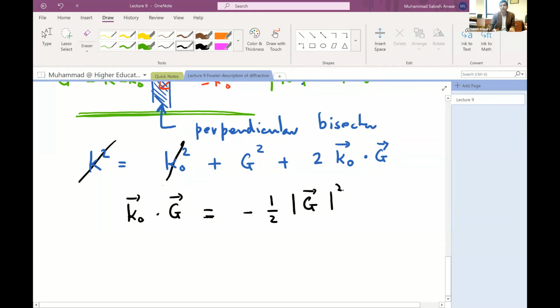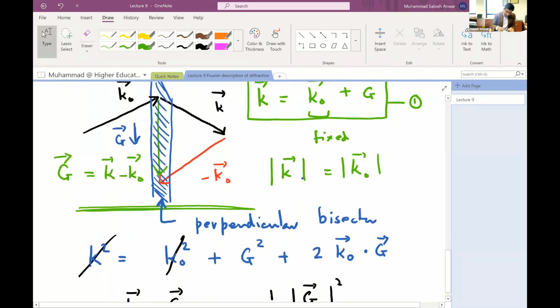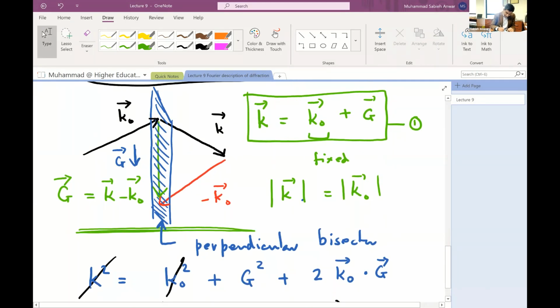This is another way of writing the Bragg's formula, which means that if I were to take the projection of K naught on G, it can be computed as follows.